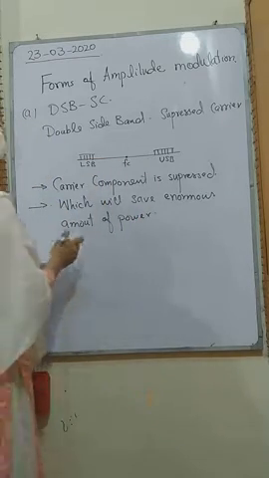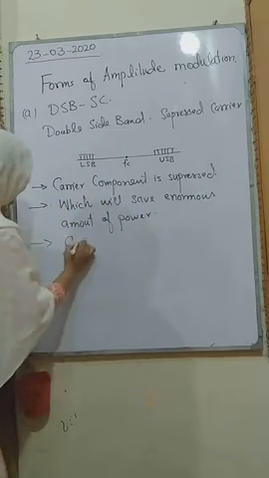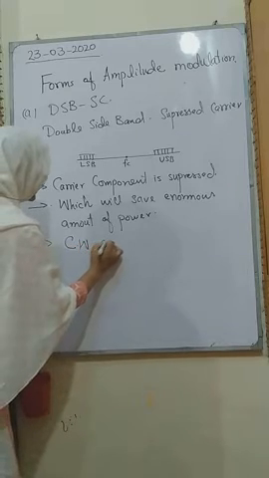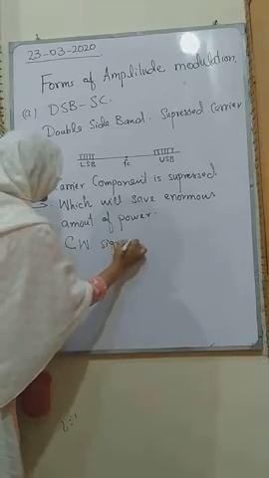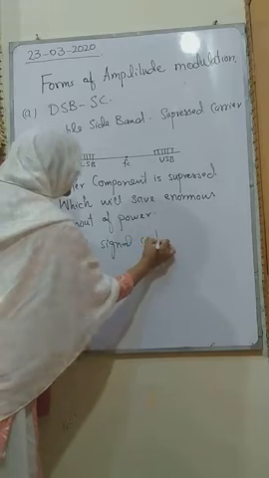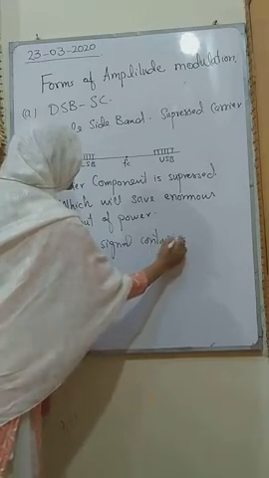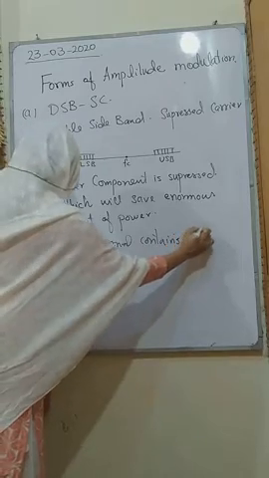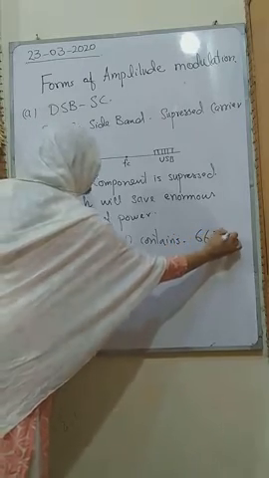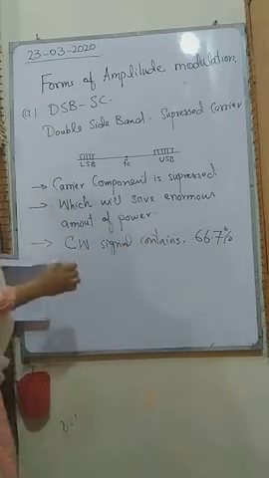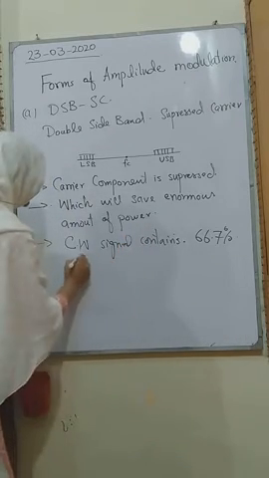The carrier wave, or carrier signal, contains 66.7% of the total transmitting power.